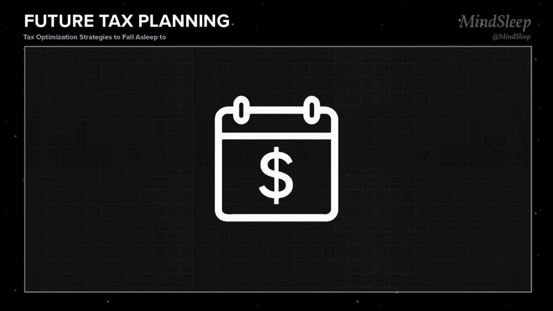As we conclude this journey through the intricate world of tax optimization strategies, from basic income shifting to the complexities of future planning, remember that the landscape of taxation is ever evolving. The strategies we've explored are not just tools for financial optimization, but frameworks for understanding and adapting to the changing nature of our economic systems.